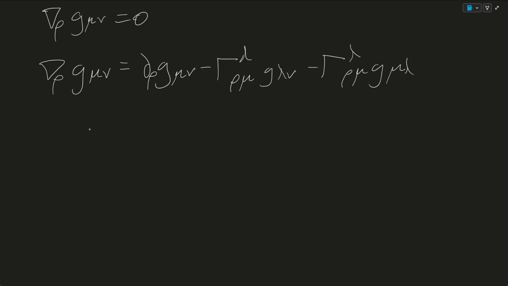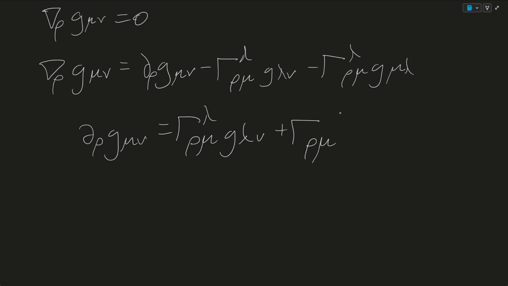This is 0, so we can say that partial sub rho of g sub mu nu is equal to the Christoffel symbol times our metric tensor field over mu nu plus the symbol times g, sorry, that should be lambda nu, and this is mu lambda.